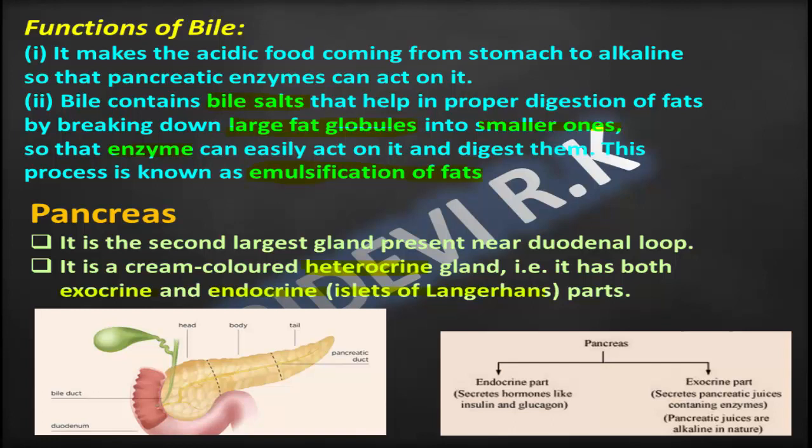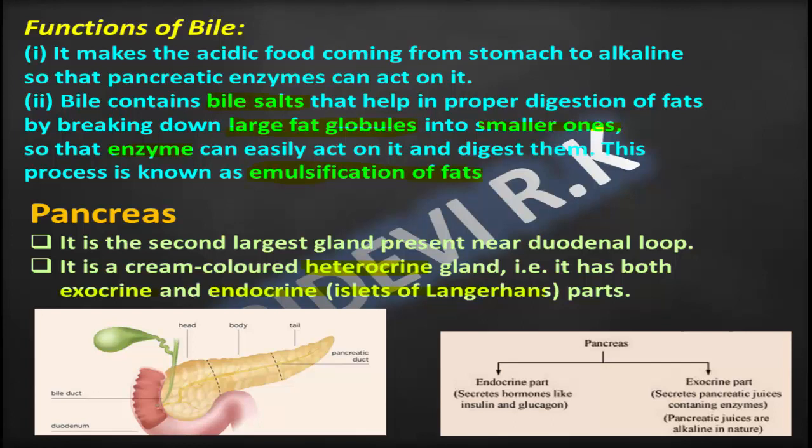As I told you, there is a clear-cut bifurcation of the glands into endocrine and exocrine. But the pancreas functions so differently. It has both an exocrine part as well as an endocrine part. That is why the term heterocrine. It functions as exocrine as well as endocrine.